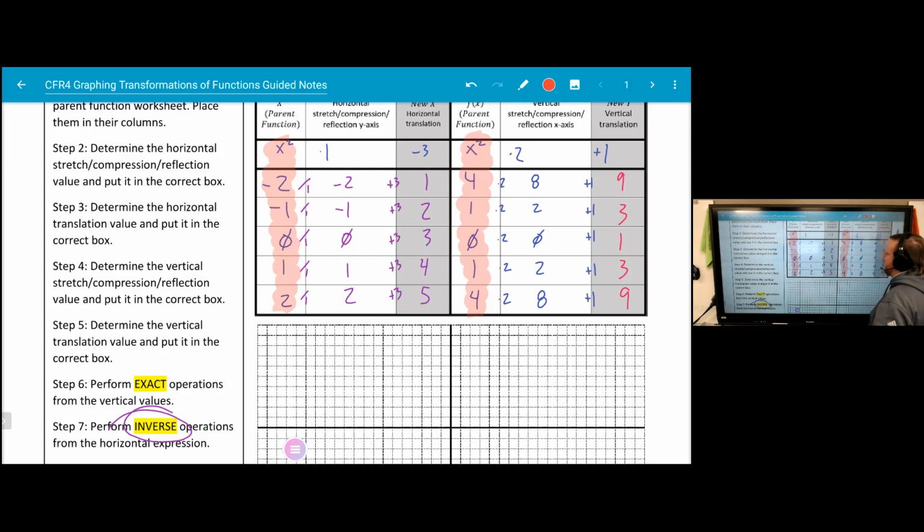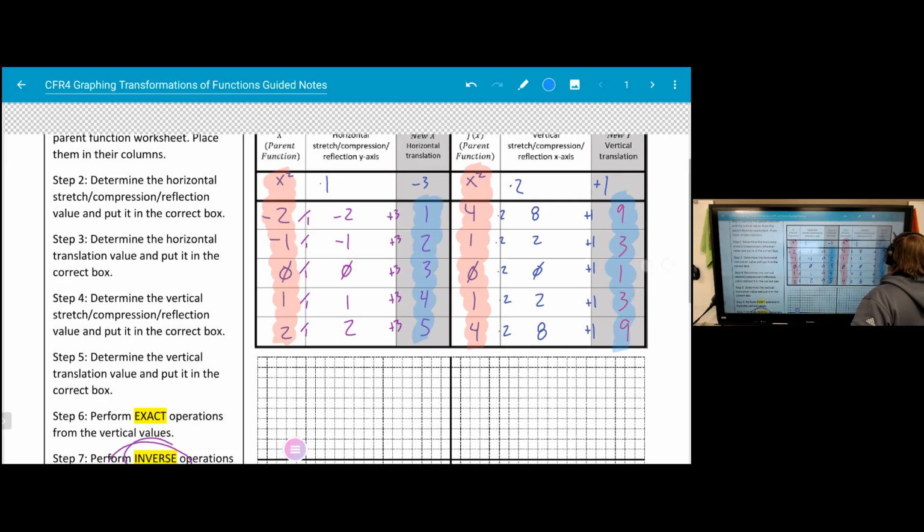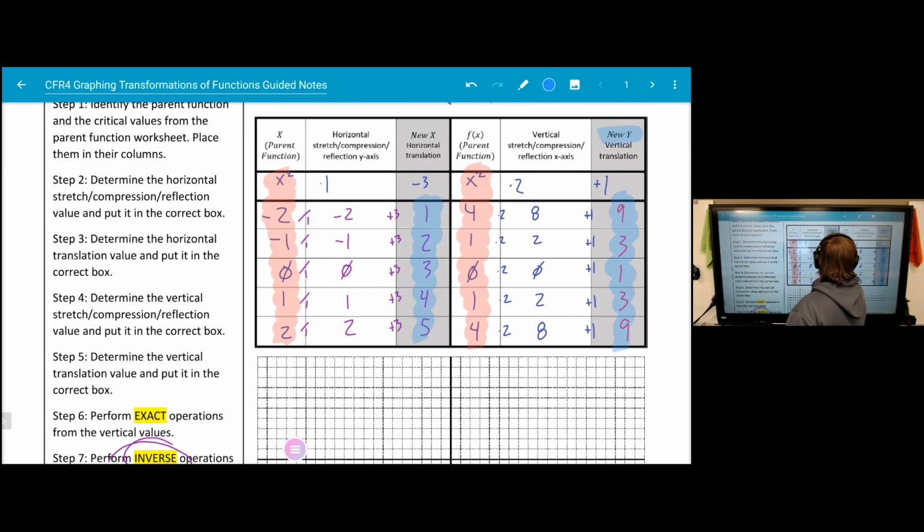It's not just translated, sorry, the transformed values. I have right here the new x and the new y. That's exactly what we call it, the new x and the new y. So we're going to graph these on the same graph. We're going to graph the parent function, the x and f of x, and then we're going to graph the new x and the new y, or the new f of x.